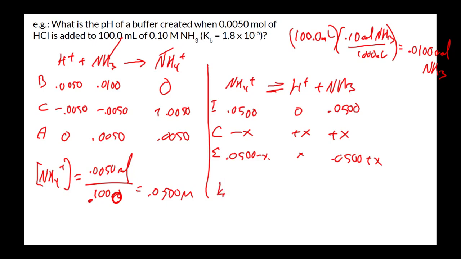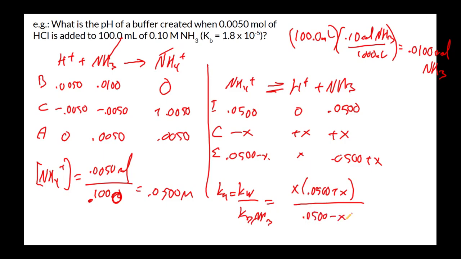So Ka for NH4 plus, which is going to be Kw divided by the Kb for NH3, is equal to the H plus concentration, which is x, times the base concentration, 0.0500 plus x, over the acid concentration, which is 0.0500 minus x.